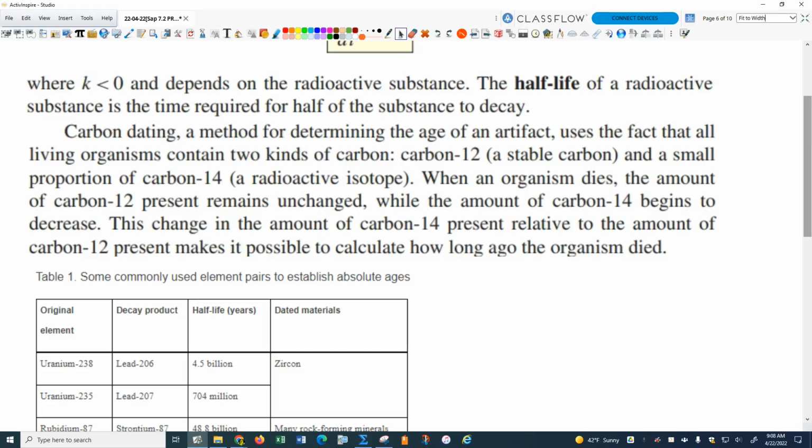Well, here's why. Because carbon-14 is constantly being produced. It's emitted by volcanoes, for one thing, but an even more reliably constant source of carbon-14 is the upper atmosphere.